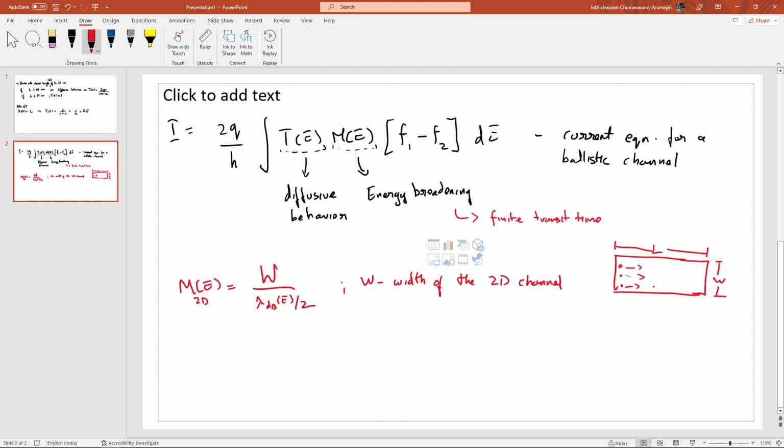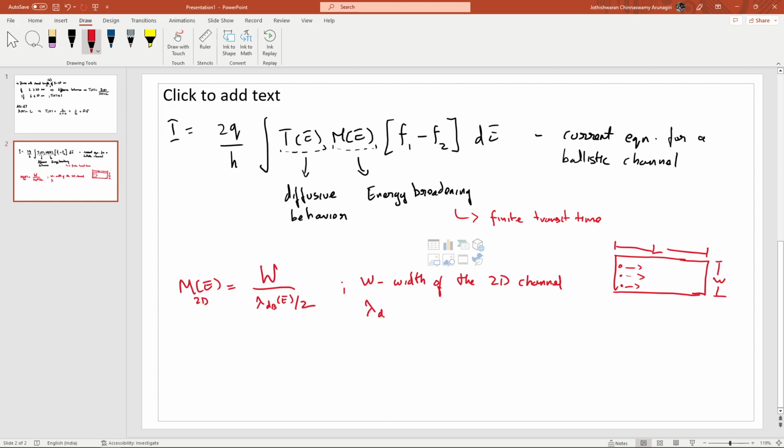We are considering the conduction of electrons along this direction. So in terms of the picture of ballistic conduction, this is what we are looking at, and through all our derivations we find that for a 2D channel the number of modes is literally the number of half de Broglie wavelengths that fit in the width.